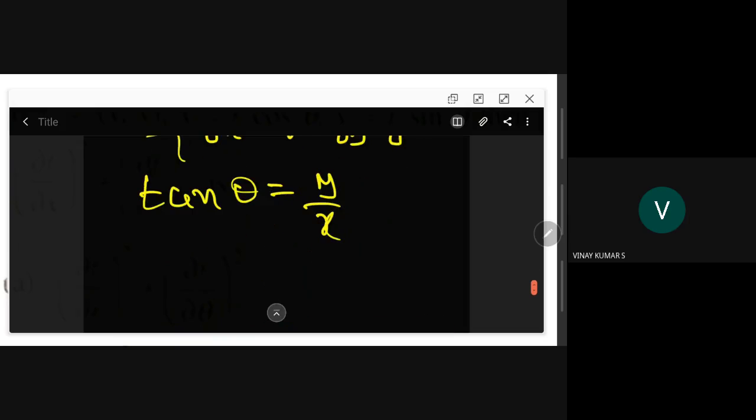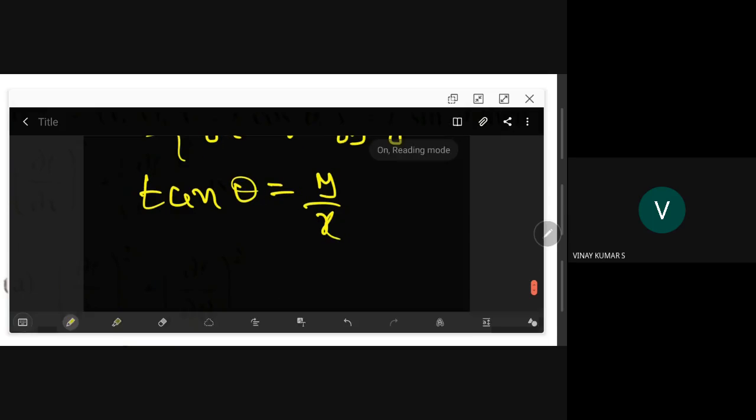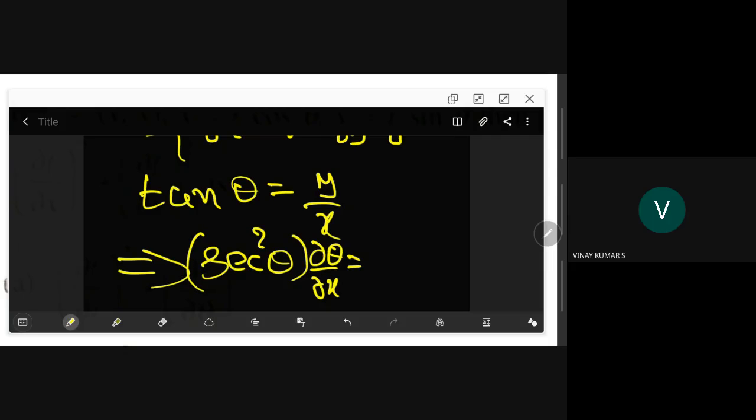So for ∂theta/∂x, we differentiate both sides with respect to x. So ∂tan theta/∂x is secant square theta ∂theta/∂x, and the right side, y by x, with respect to x we are doing by keeping y as constant.